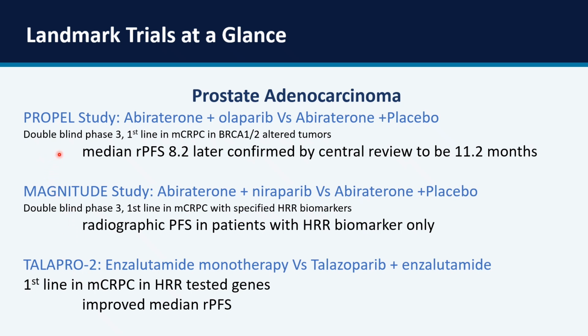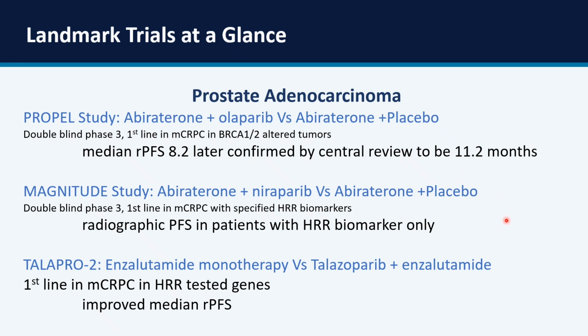So the PROpel study was abiraterone plus olaparib versus abiraterone and placebo. This was a double blind phase 3 trial, and median radiographic PFS was 8.2 months, which was later confirmed by central review, and it was about 11.2 months.